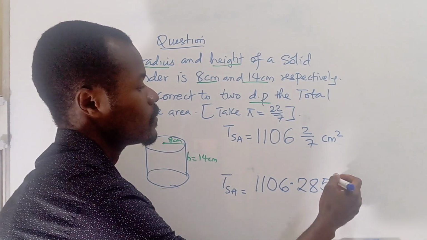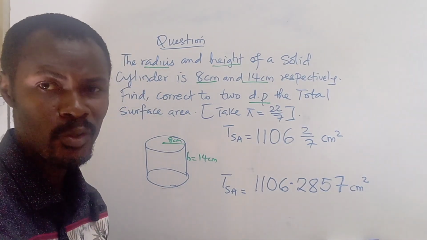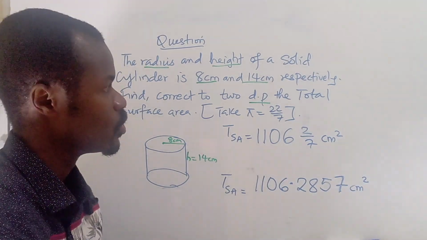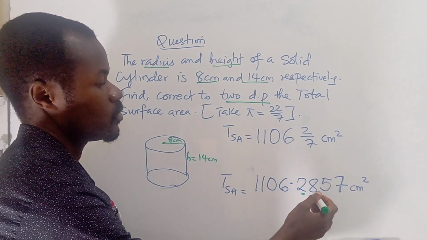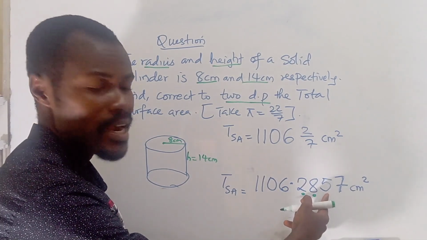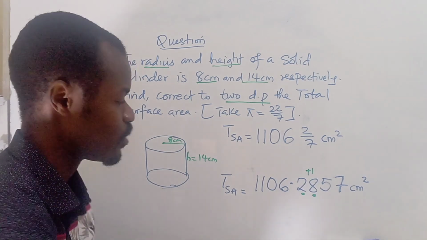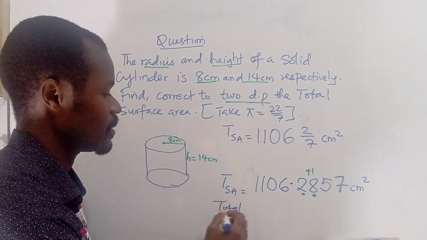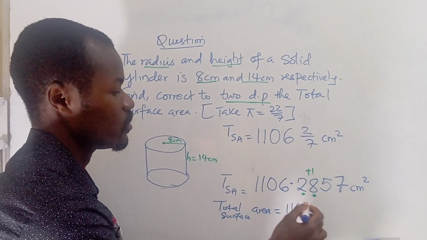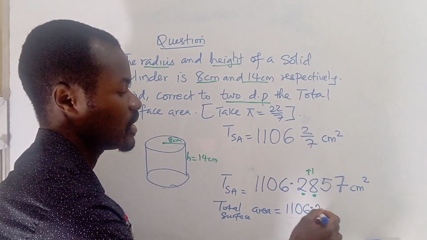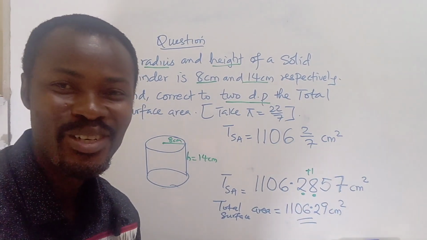To 50, we also have about 7 times, which is 49. So we have this figure. Now to 2 decimal places, we don't have to forget, so we count 1, 2. Since this is up to 5, we are going to add 1 to the 8. Our final answer to this problem for the total surface area is going to be 1106.29 centimeter square. So that gives us the simplest solution to this problem.